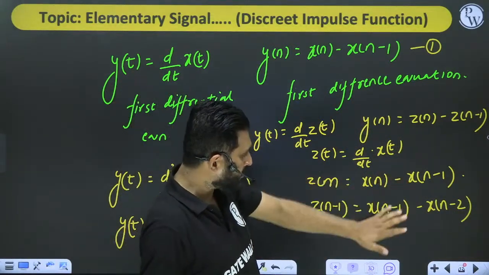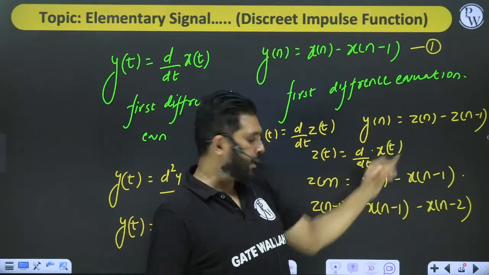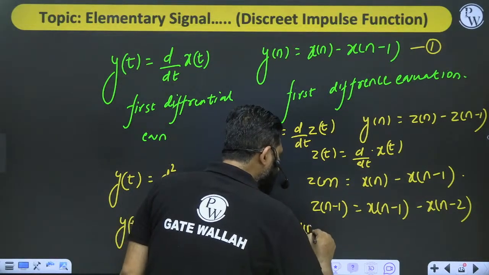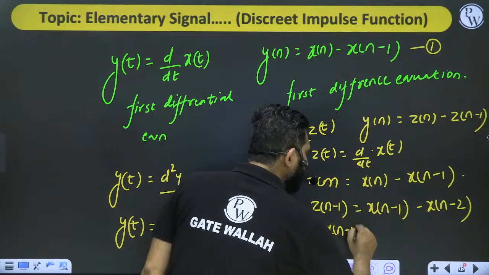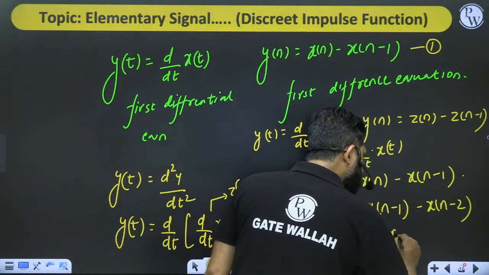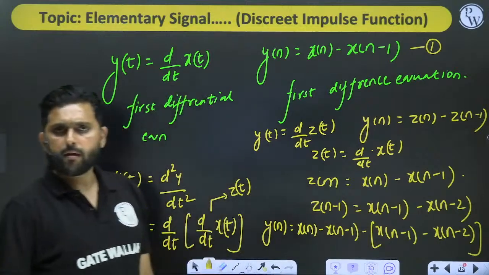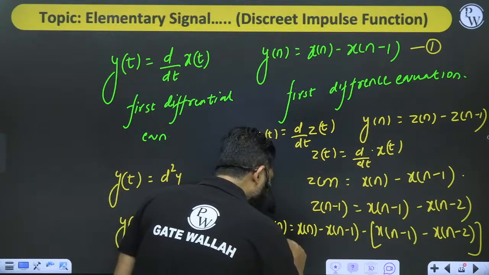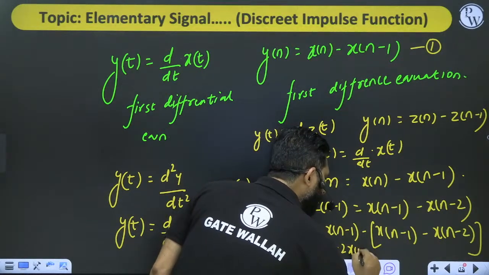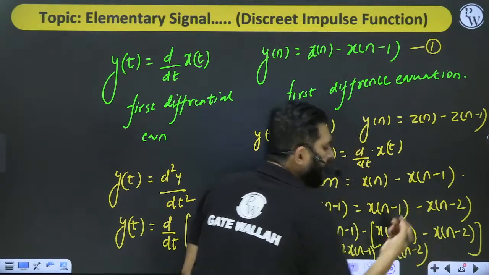Now substitute z[n minus 1] here. What will you get? You will get y[n] is equal to x[n] minus x[n minus 1] minus x[n minus 1] minus x[n minus 2]. So y[n] is equal to x[n] minus 2x[n minus 1] plus x[n minus 2]. That's what the second difference equation is.